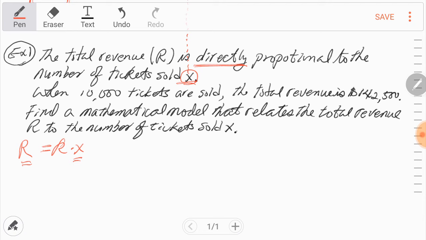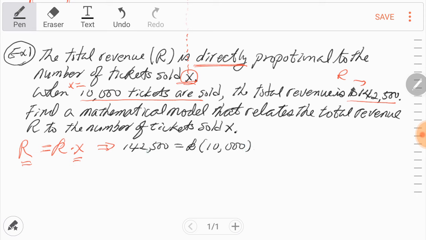The next sentence gives you the values of R and x. There are 10,000 tickets sold, so x is 10,000. And the total revenue is $142,500, so this is the value of R. Let's substitute these values for R and x. Then 142,500 is equal to k times 10,000.